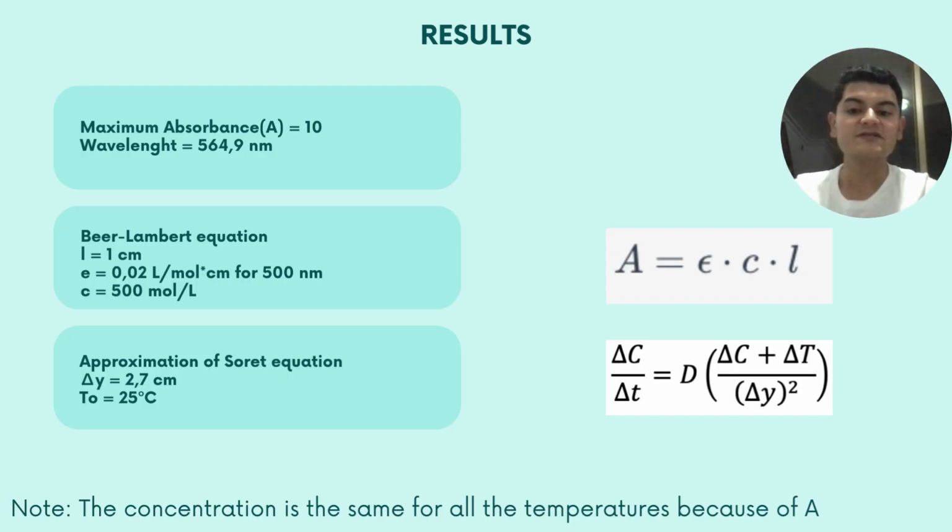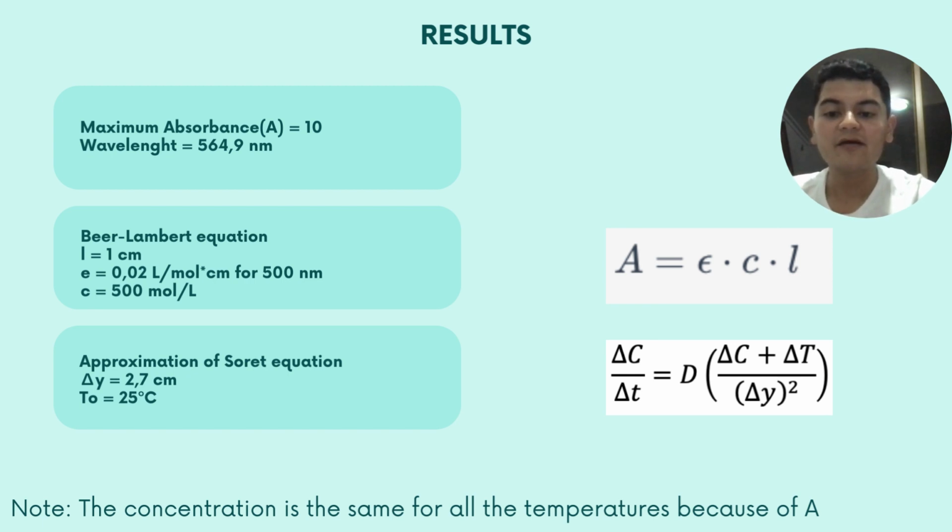We have here some important additional data that we obtained from the previous graphs. So first, we obtained the value of the maximum absorbance, and it was 10. And the wavelength of this maximum absorbance was 564.9 nanometers.